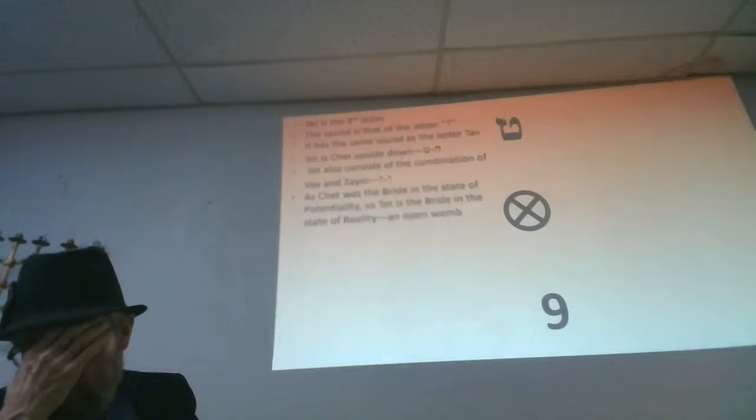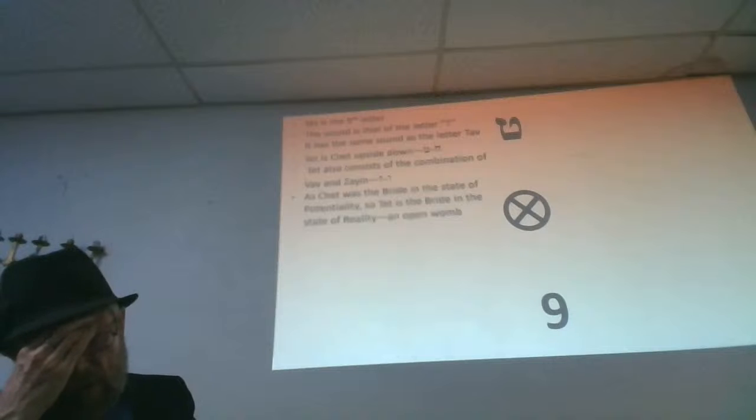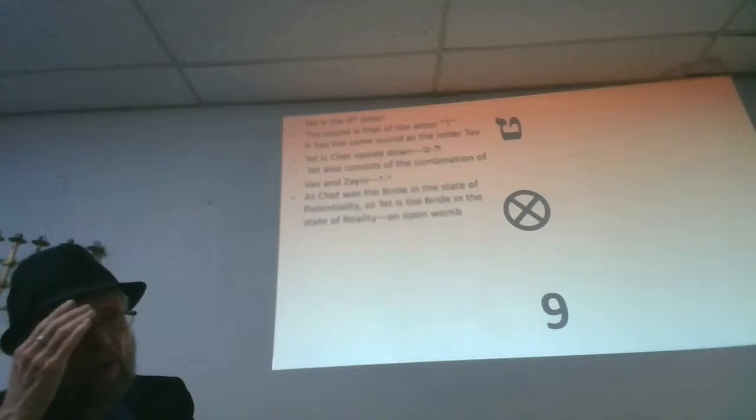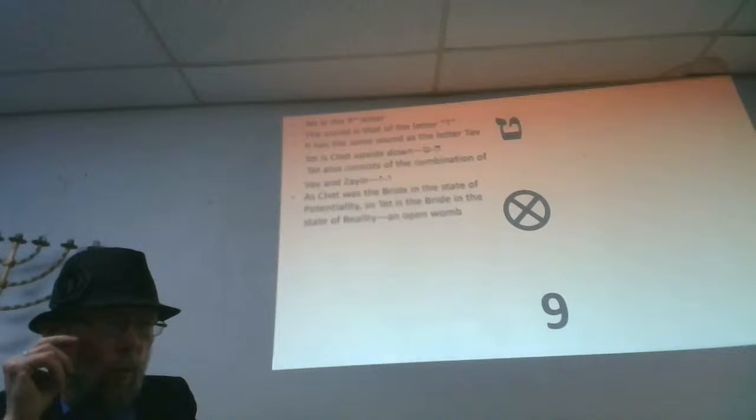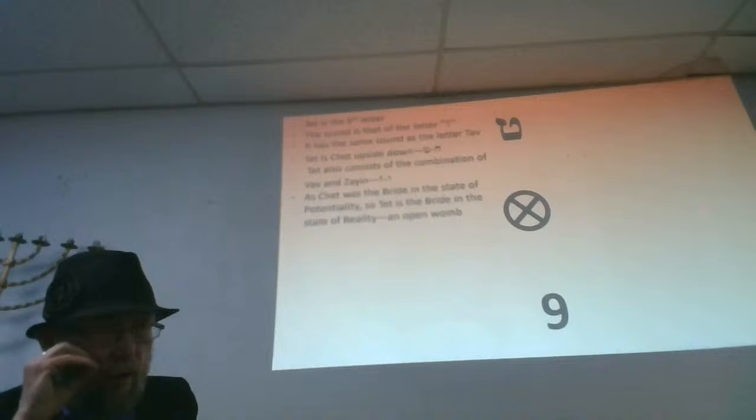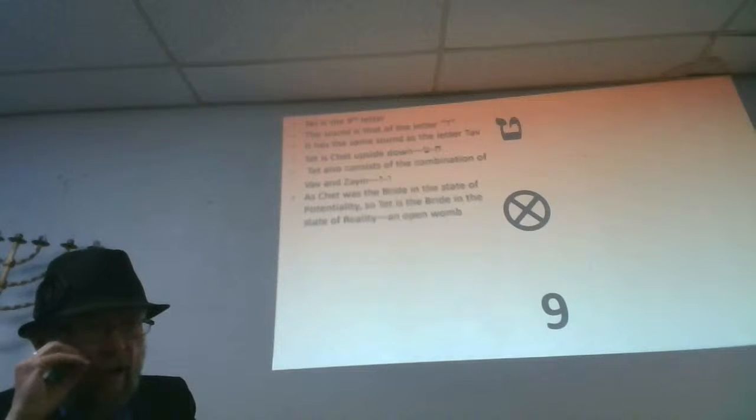And so Chava, according to Kabbalah, was within Adam. Isha was within Ish. And God puts Ish to sleep. He puts the man to sleep, and he draws out from Ish, Isha, the woman.